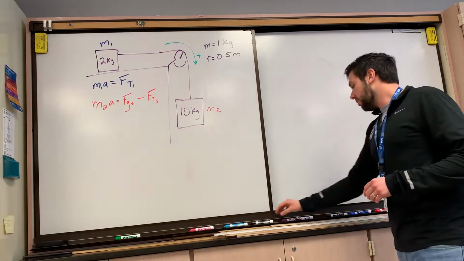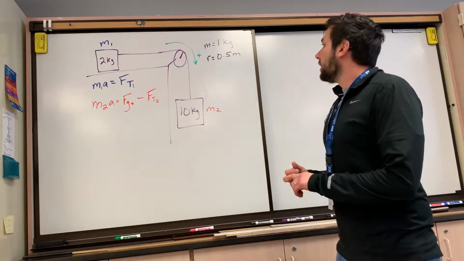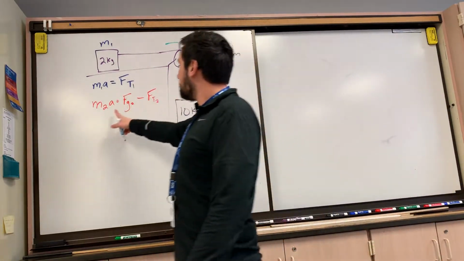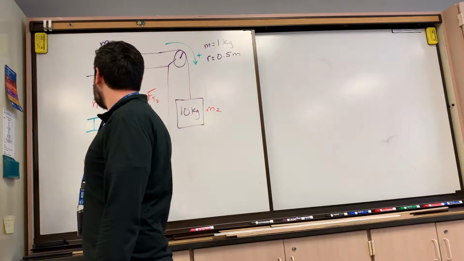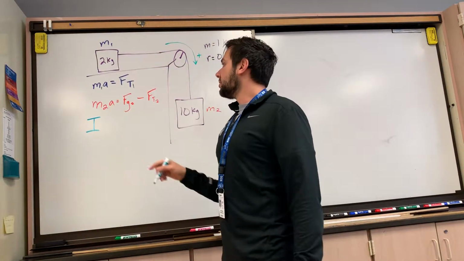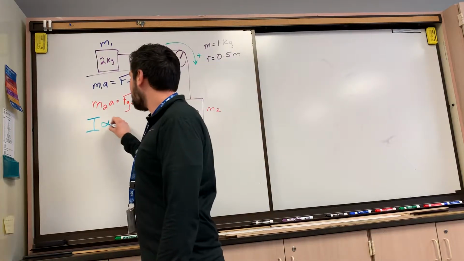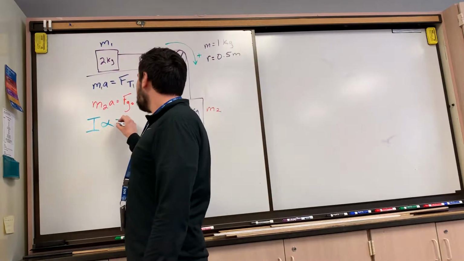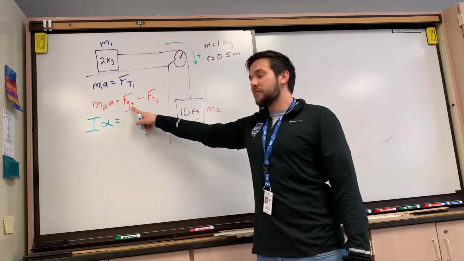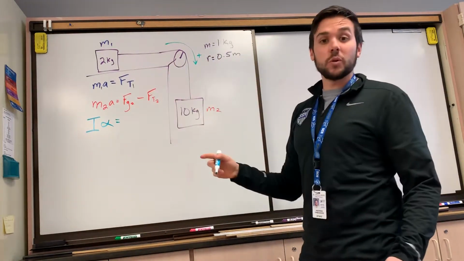So we're going to label that pulley. We have rotational mass, which is inertia, and we have angular acceleration, which we represent with alpha. So we have inertia times alpha is equal to, now it's not the sum of my forces, it's the sum of my torques.